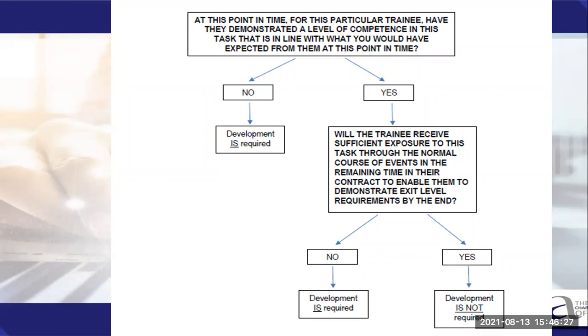So this diagram just basically tries to summarize what we have been saying. It's sort of like a decision tree, or a path, or a set of questions that the evaluator can then ask themselves in order to see whether development is required or not.